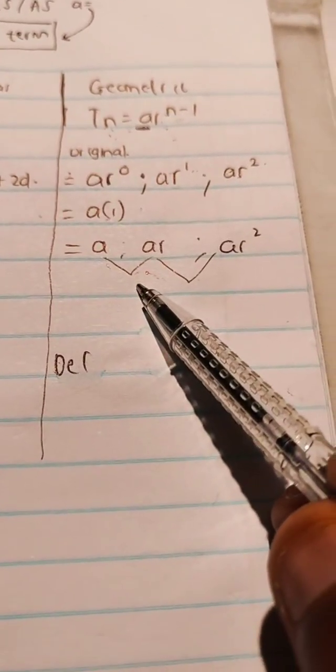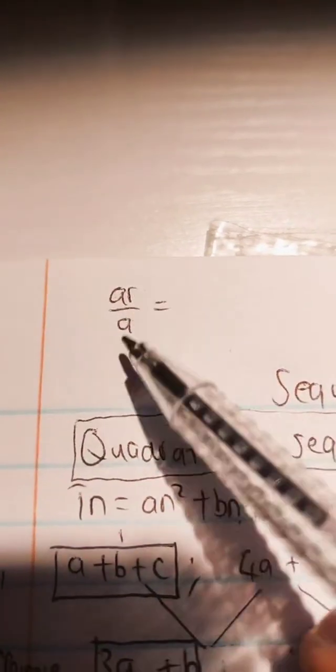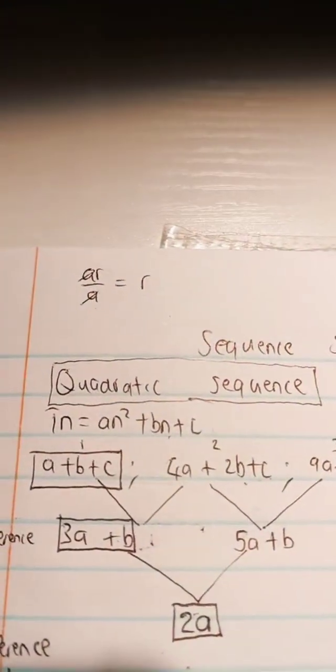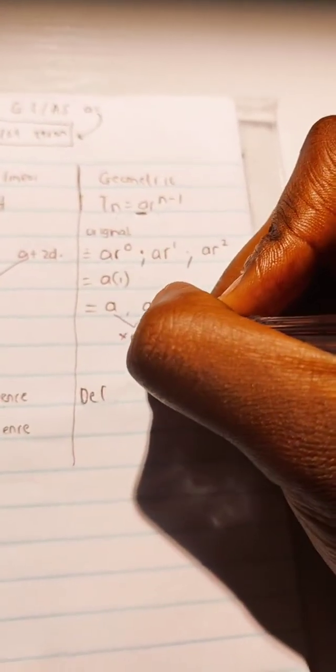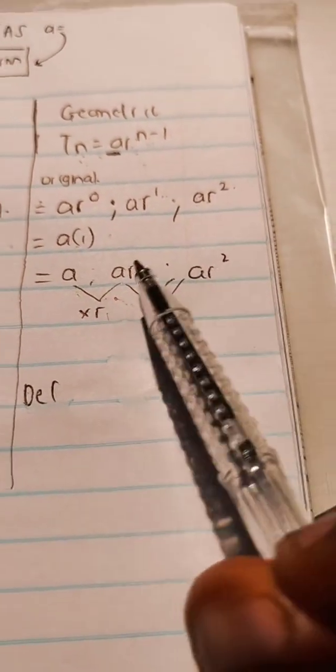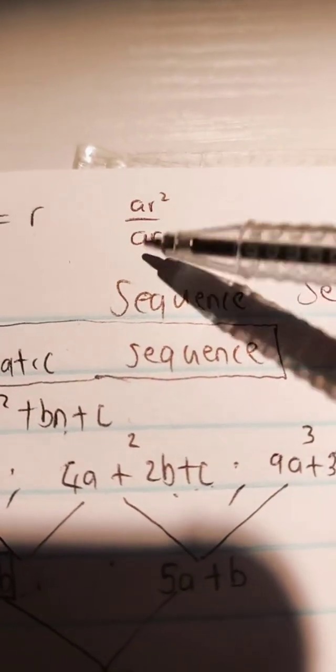In other words, AR divided by A, which is term 2 divided by term 1. The A and the A cancel out. What are you left with? R. So we are multiplying by R to get the next term. Let's look at term 3 divided by term 2. That means AR squared divided by AR. A divided by A gives you 1.